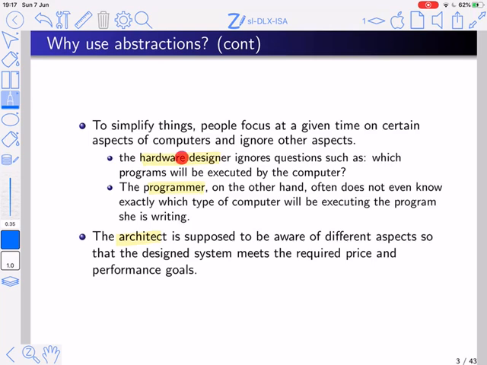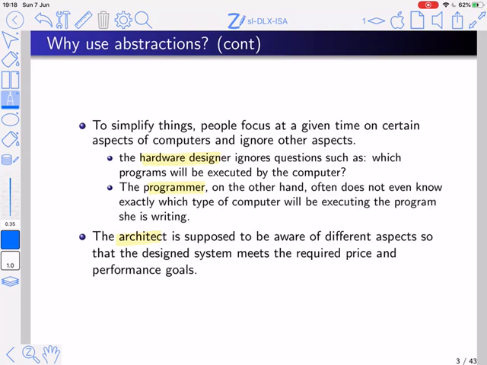The hardware designer doesn't care about which programs will be executed by the computer, but he has to provide a certain functionality of the hardware. The programmer, for example, doesn't necessarily even know what type of computer will be executing her programs.